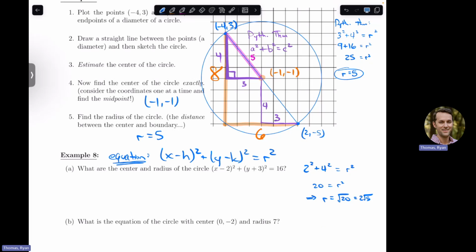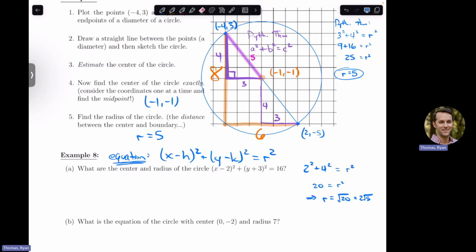Where have we seen two squares added together equal to another square before? That's the Pythagorean theorem again, only with variables for x and y, h and k, some parameters. This is just the Pythagorean theorem again, because what's constant for a circle? No matter where you are, the radius, the distance from the center to the outside, stays the same.